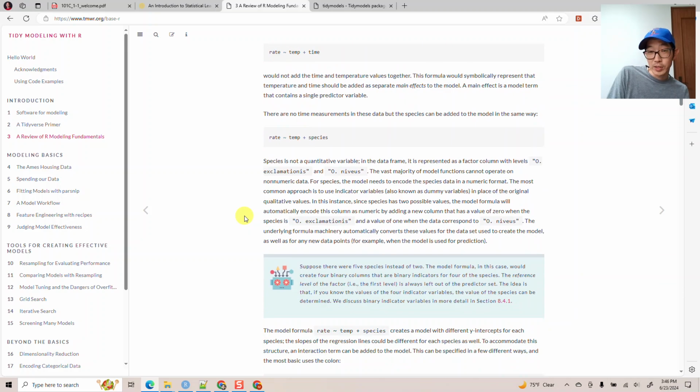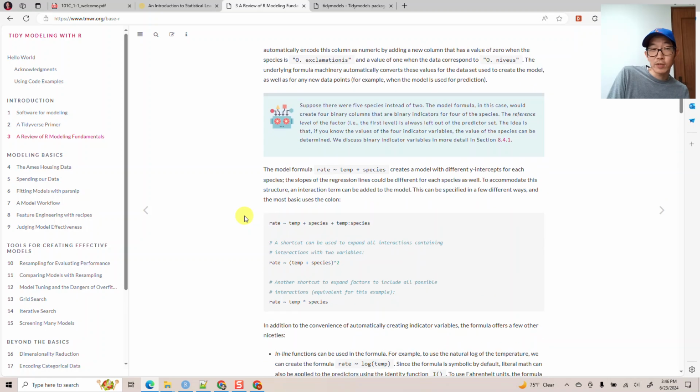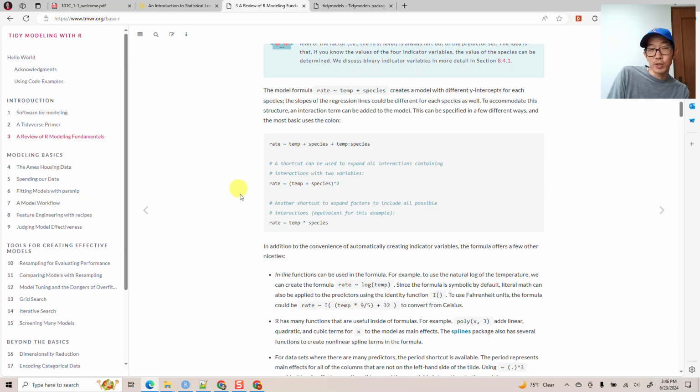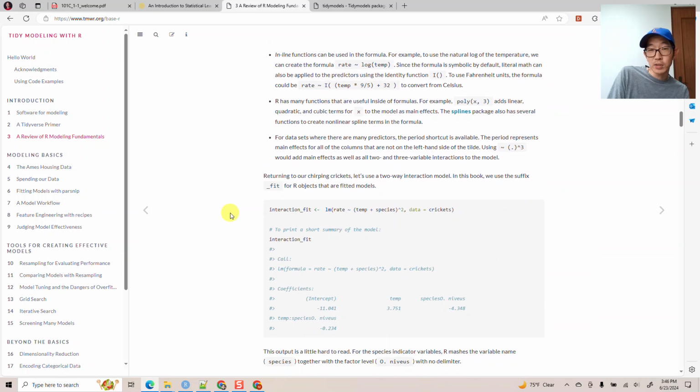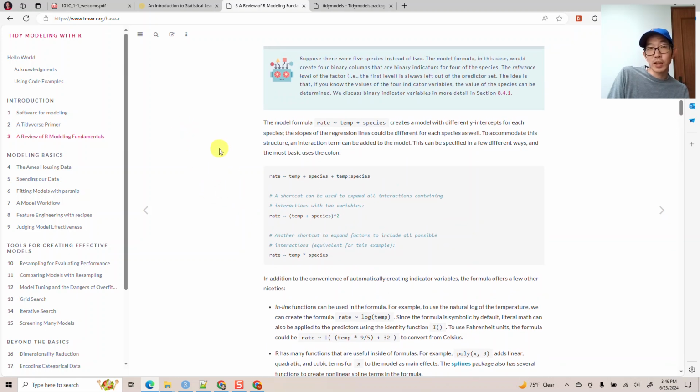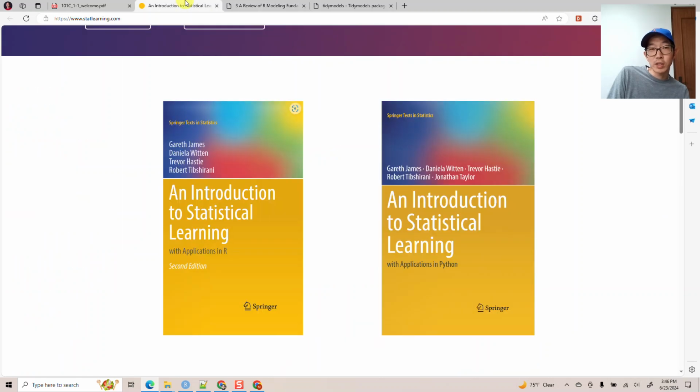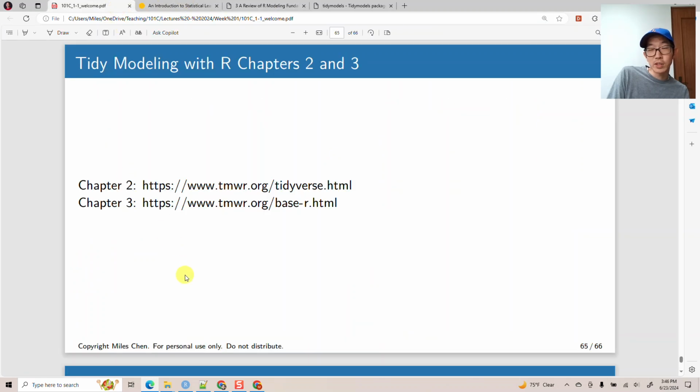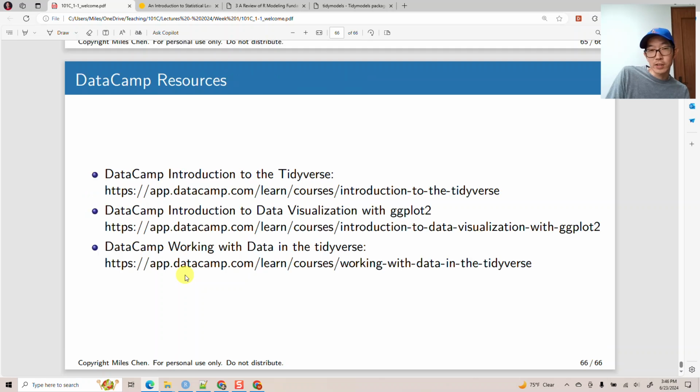Chapter 3 in Tidy Modeling with R goes over a review of R modeling fundamentals, and once we have that established, we can start getting into using tidy models for analysis.